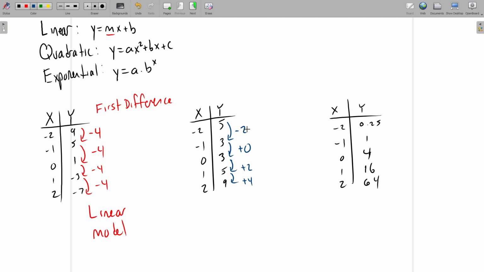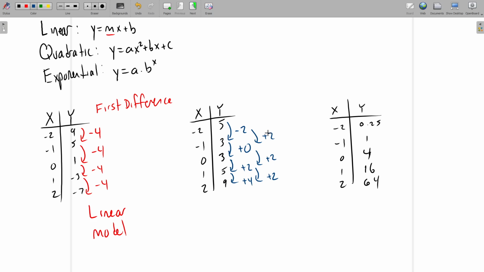We're going to look at the difference between the differences. We're going to look at how the change in y is changing. Okay, we're going to look at the change of the change. So what do I do from -2 to get 0? Right, we have to add 2. What do I have to do from 0 to get 2? I have to add 2. What do I do from 2 to get 4? I have to add 2.